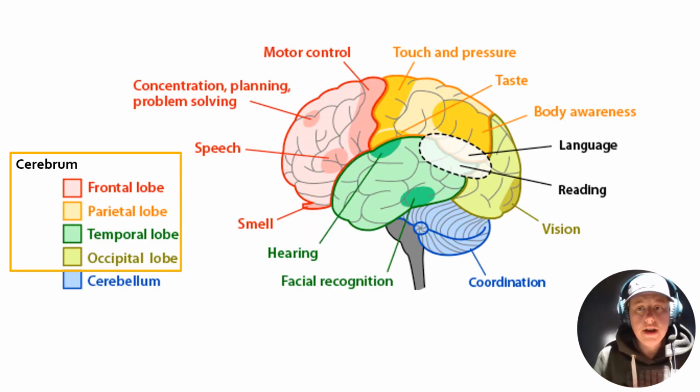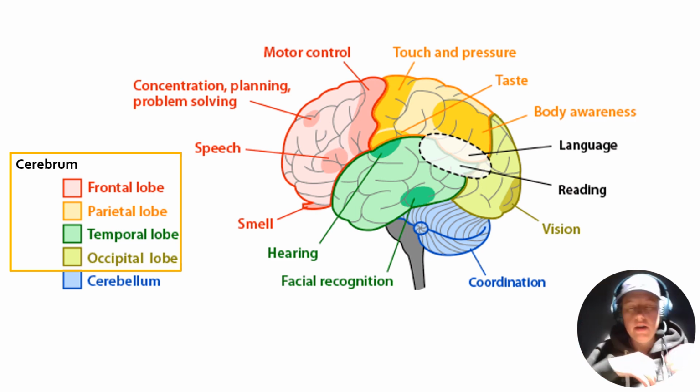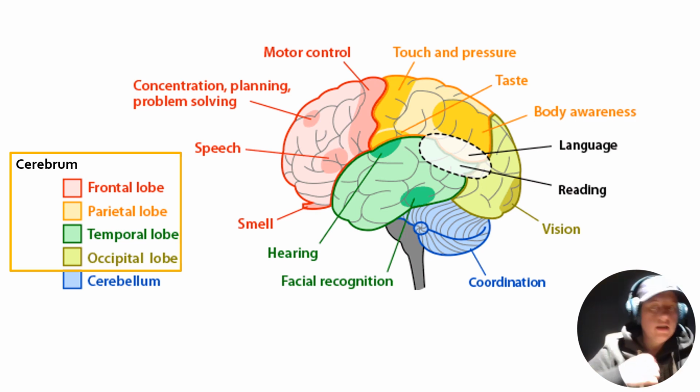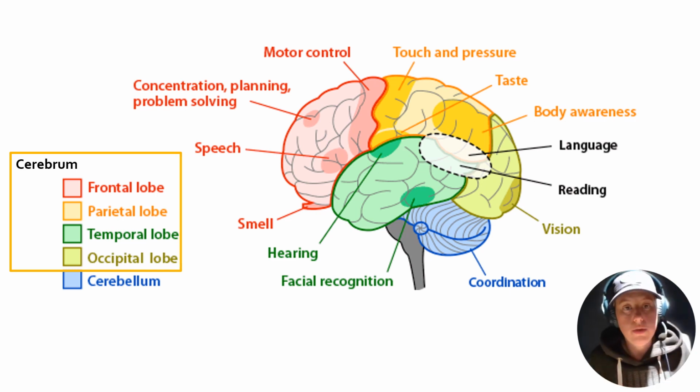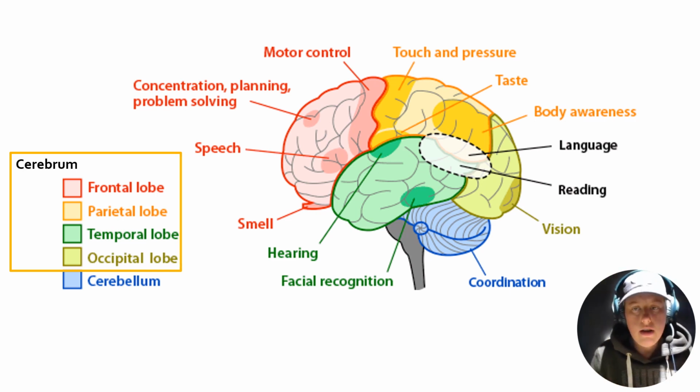So we have another image right here that is showing where different parts of speech, intelligence, emotion, sensory reception, and sensory interpretation happen in the cerebrum, and we can see a lot of interacting and overlapping. So that's the amount of detail that we're going into the brain.